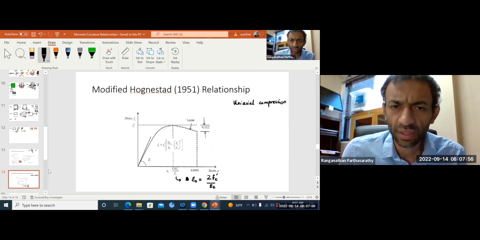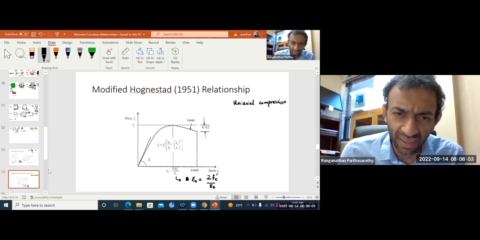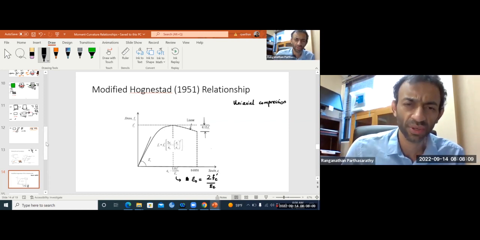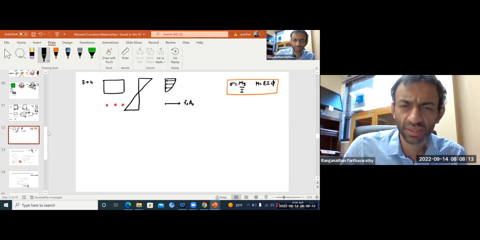This is the relationship we will be using. You can see that it's not linear right off the bat, but up to that point it's okay; it's more or less linear. So how will you get your stress-strain curve? What is the concrete strain here?